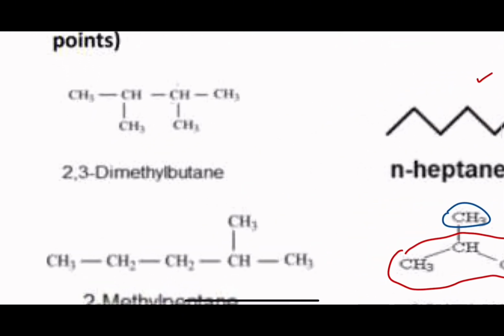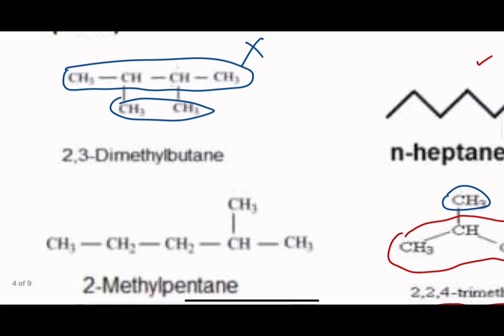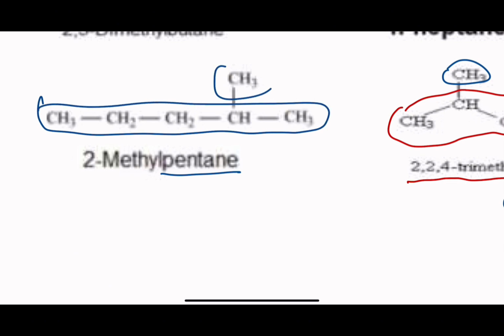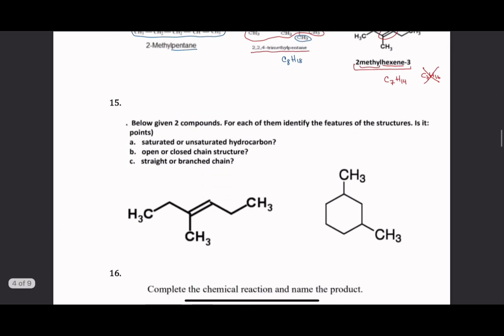If you have 2,2-dimethylbutane, we can see that there are 6 carbons, so not an isomer, even though it's an alkane. And then pentane, 5 carbons and 1 carbon on a chain, 6 carbons, so again not an isomer. So only the top 3 in here are the isomers of each other.